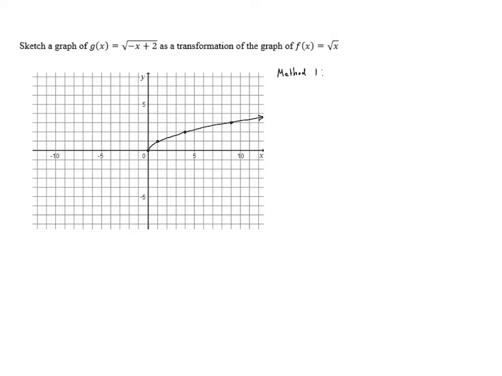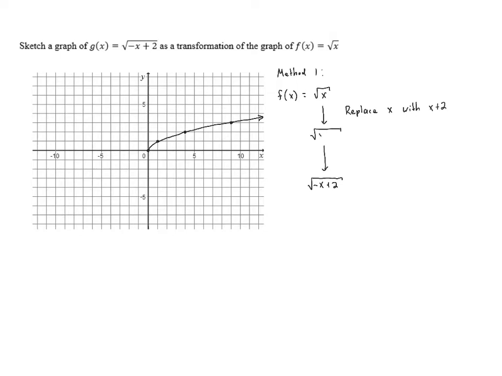All right, now the first thing that we can do here is we're going to start off with f of x equals the square root of x. And remember that we somehow have to end up with the square root of negative x plus 2. Now, one way to go about this is by replacing x with x plus 2.